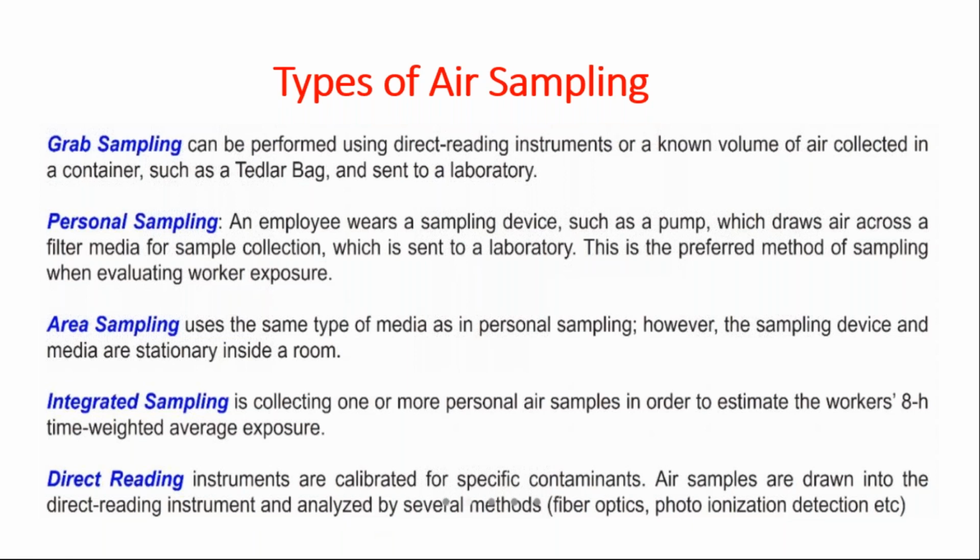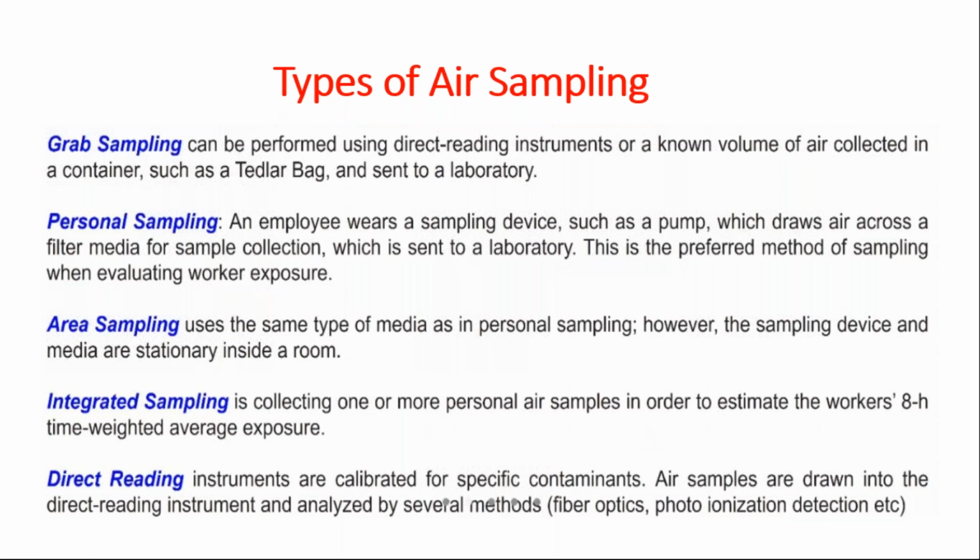In a confined space, we measure the concentration of hydrogen sulfide, we measure the concentration of carbon dioxide, and the instrument directly shows the reading. This type of instrument is a direct reading instrument, or direct reading type of sample.